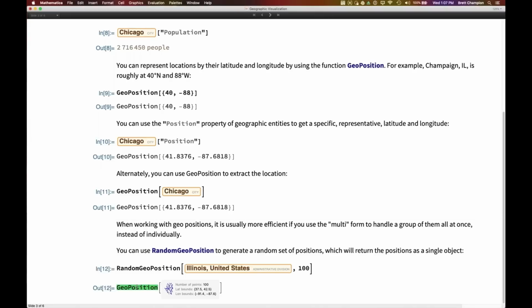This one looks a little different because a single point doesn't get anything terribly fancy. With 100 of them, we have a summary box that tells us there's 100, what the range is, and a little plot of the distribution. If you squint, it looks like the shape of Illinois.